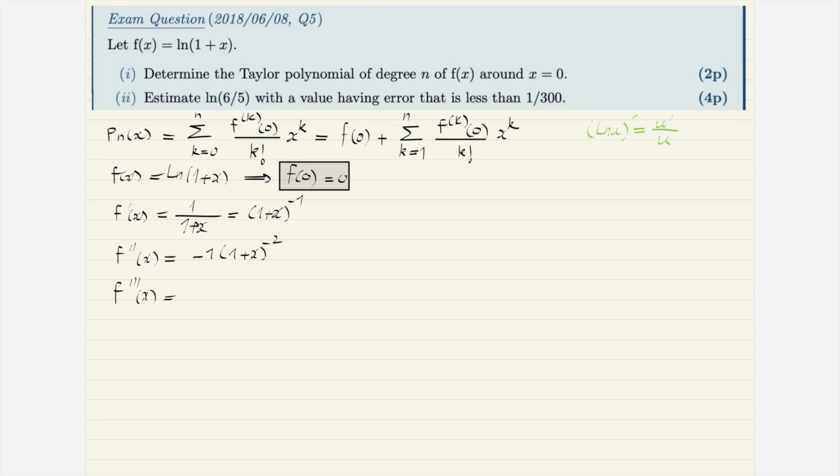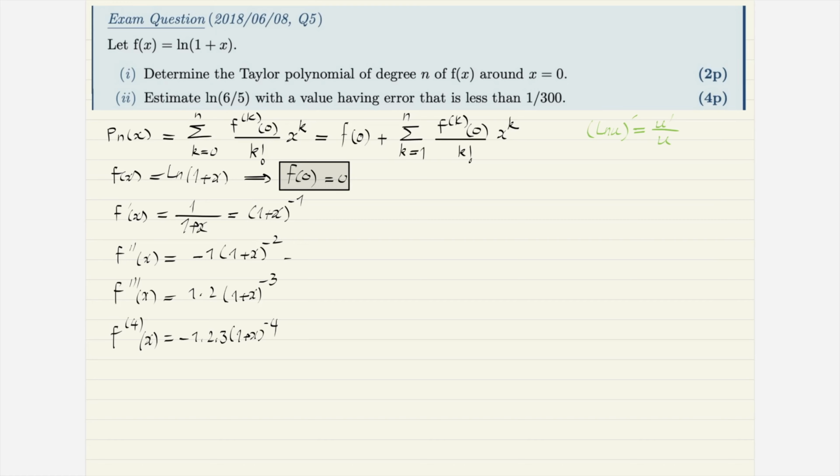Now this minus 2 will go down, the minus signs will cancel. Let me intentionally write it as 1 times 2, and then I have 1 plus x to power minus 3. If I do one more, the fourth order derivative, minus 3 goes down, so I will have minus 1 times 2 times 3, and then I have 1 plus x to power minus 4.